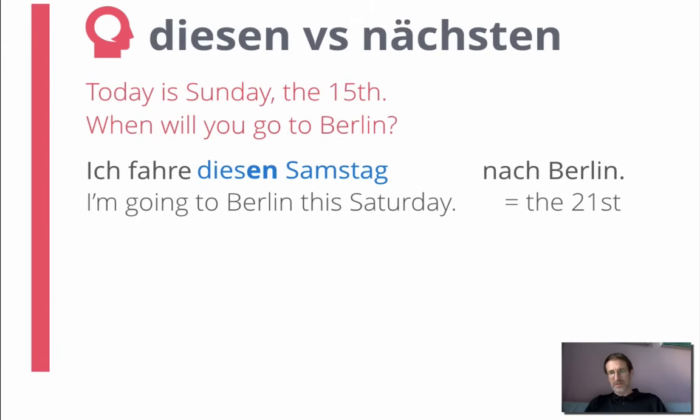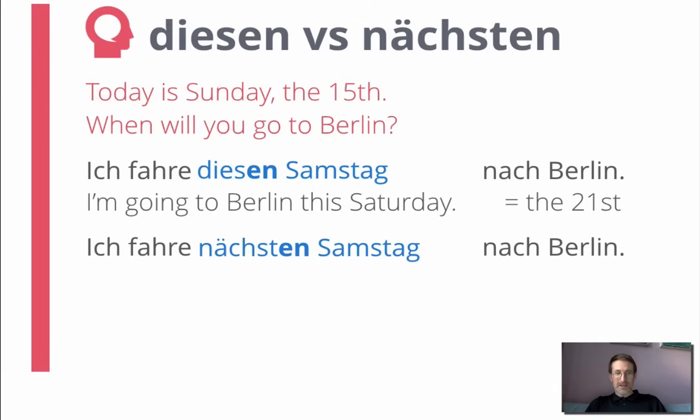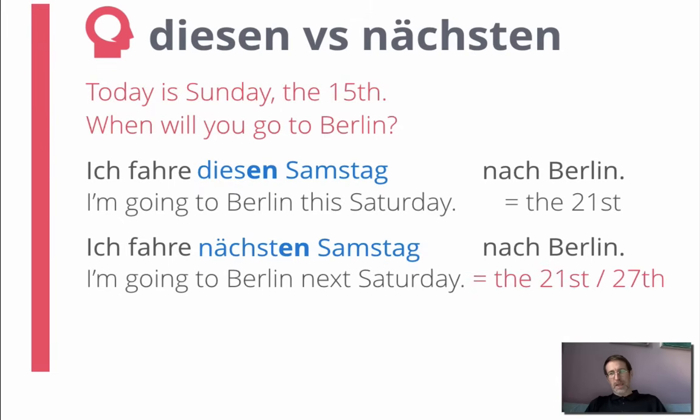The 21st, 6 days further. But if you say, I go next Saturday, ich fahre nächsten Samstag nach Berlin, what date would you think he or she is talking about? The Germans cannot agree.